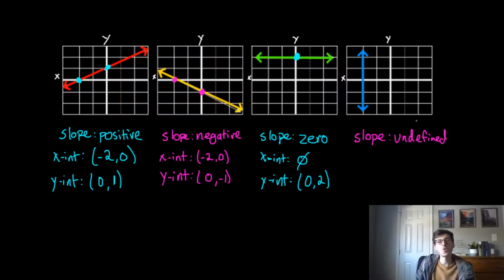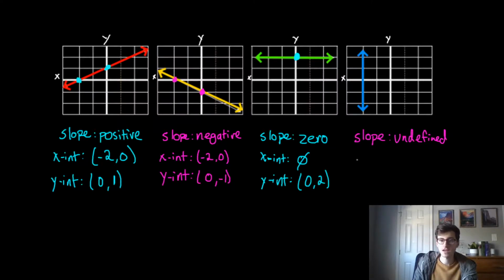Because even though y changes, we don't know if it's going up or if it's going down, right? I can't tell if it's positive or it's negative. And x never changes. So we actually don't know what the slope of that line is. Some people think it's infinity. Some people would like to call it 0, even though we have a 0 slope right here. But this slope is undefined.